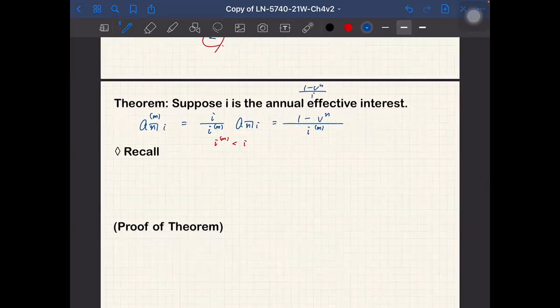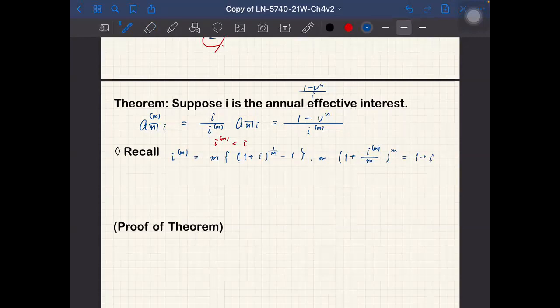Okay, so just a review of i superscript m. Recall that i superscript m is equal to m times (1 plus i to the power 1 over m minus 1). Or equivalently, 1 plus i superscript m over m, to the m's power, is equal to 1 plus i.